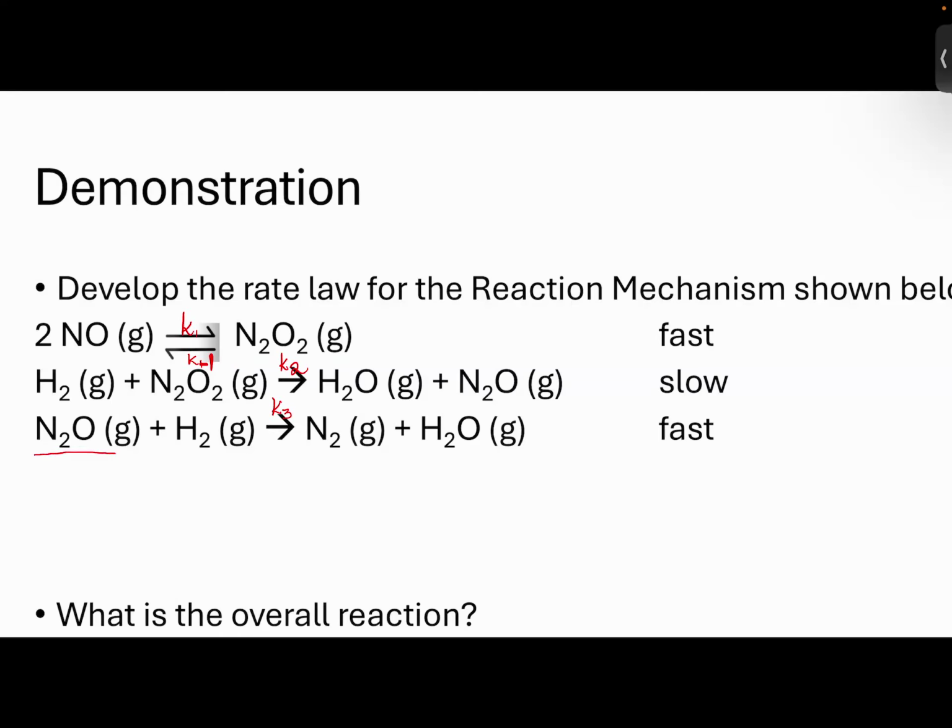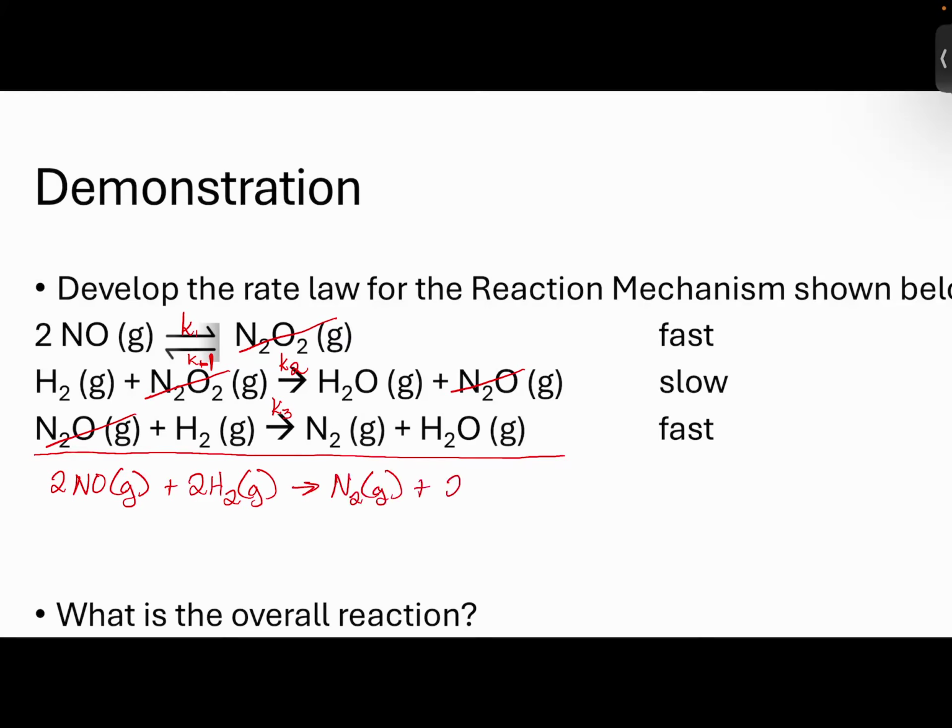In the overall reaction, the dinitrogen dioxide cancels out. The dinitrogen monoxide cancels out. And you're left with 2 nitrogen monoxide gas plus 2 hydrogen gas goes to form nitrogen gas plus 2 water gases.